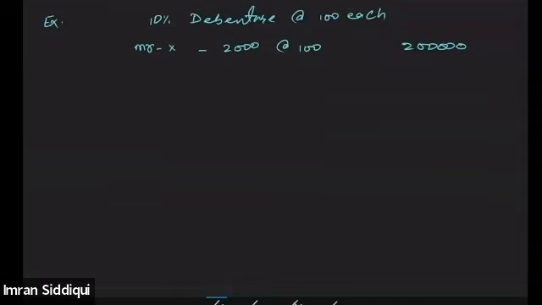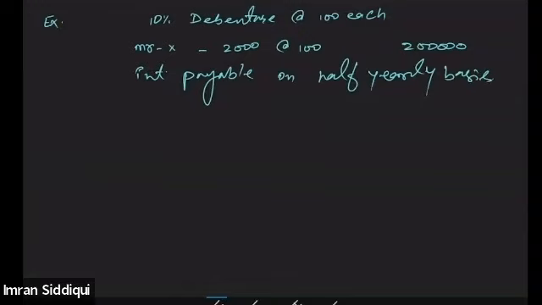And for the next 6 months, the interest will be payable on 31st of March. So let's assume 10% debenture of 100 each has been issued, 2,000 debentures have been purchased by Mr. X, and interest is payable on a half yearly basis.